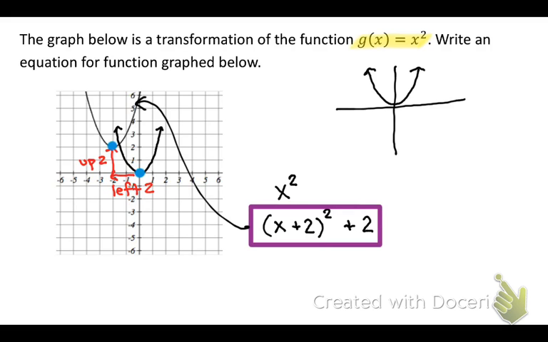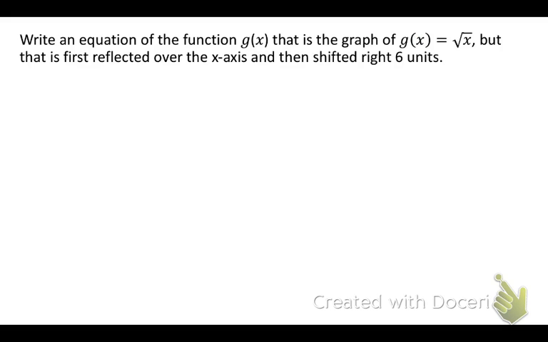Okay. Let's try one more. This time, we're going to look at g of x equals the square root of x, but we want it to be reflected over the x-axis and shifted to the right 6. Okay.